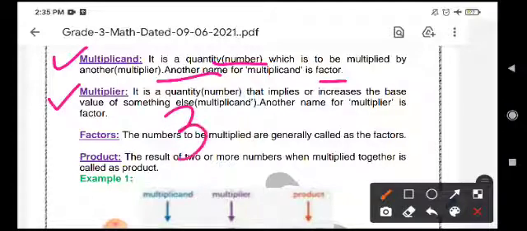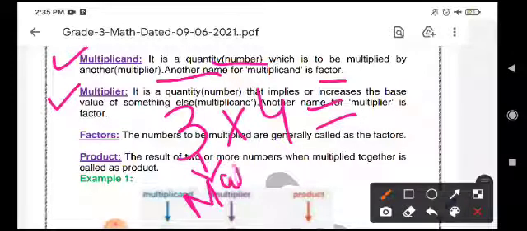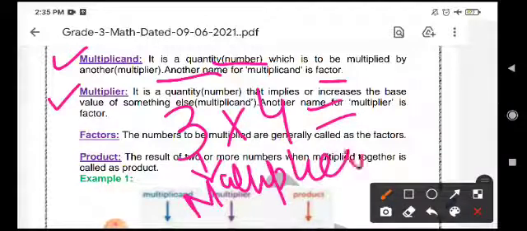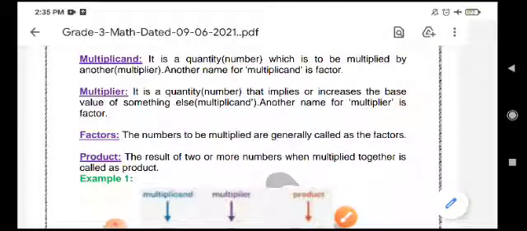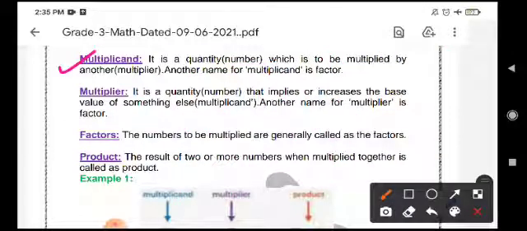We know if we have 3 multiplied by 4, what is the multiplier there? Ma'am, our first number is multiplier. And what is the multiplicand? Ma'am, this is our multiplicand, the second number. Okay? So we are done with multiplicand and multiplier. Another name for multiplier is also factor. That is a name for multiplicand also. So you can name them both as factor.